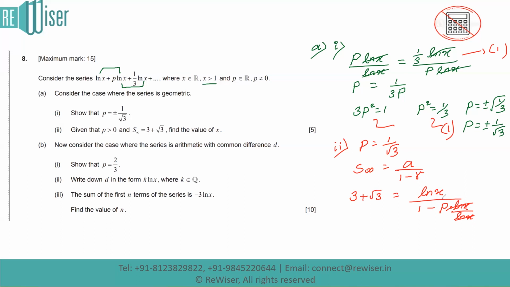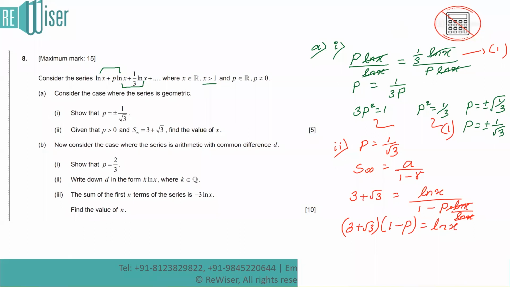We need to get the value of x, so I'll be sending this 1 minus p to the other side. So I'll be getting 3 plus root 3 multiplied by 1 minus p, and this is equal to ln x. And from here, we have to substitute the value of p first, then try to simplify for x.